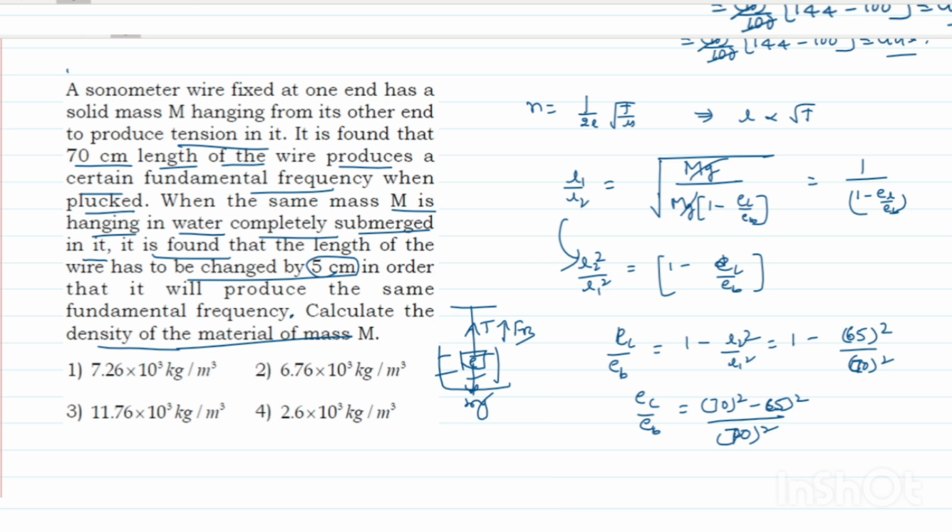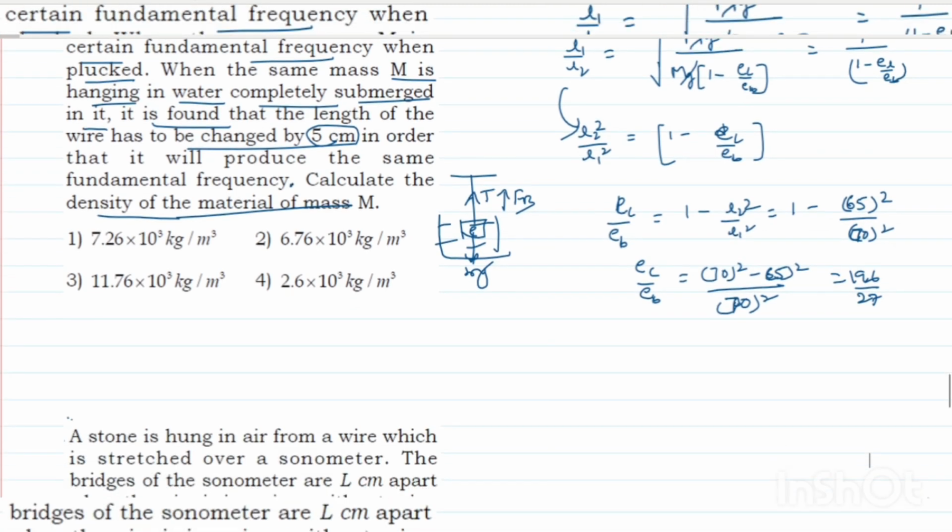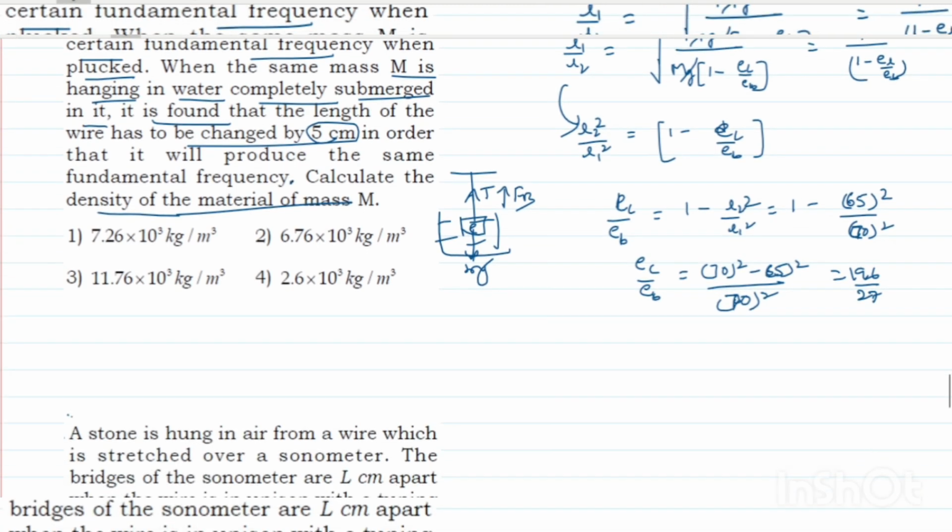When you are simplifying this one, you will be getting 196 by 27 into the density. Or else you can take 70, it will be 4900 by 4900 minus.